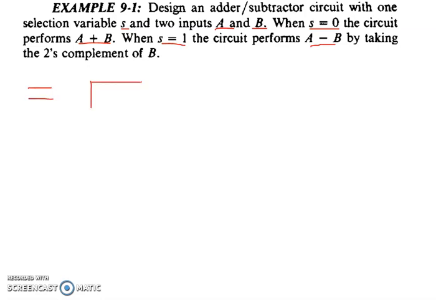So for that, we will be having an adder, a parallel adder. Two inputs will be given, A and B. If S is equal to 0, it just performs the operation A plus B, giving the output as A plus B. So no additional combinational circuit is required.